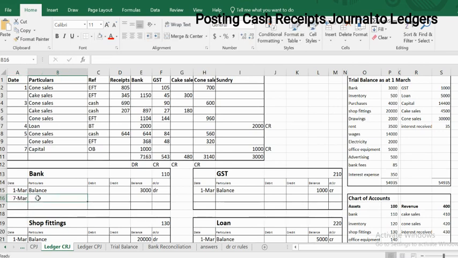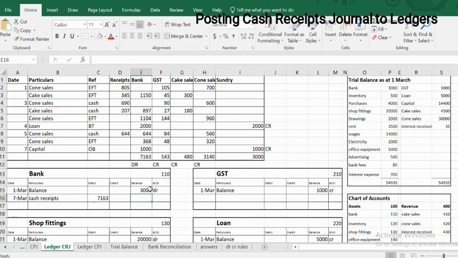Now the particulars for bank is a little bit different. I'm going to use cash receipts. Some teachers just use receipts. I'm using cash receipts because to me that refers to the journal. Now, we're saying we are debiting it. So in the debit column, I'm going to put my 7163.